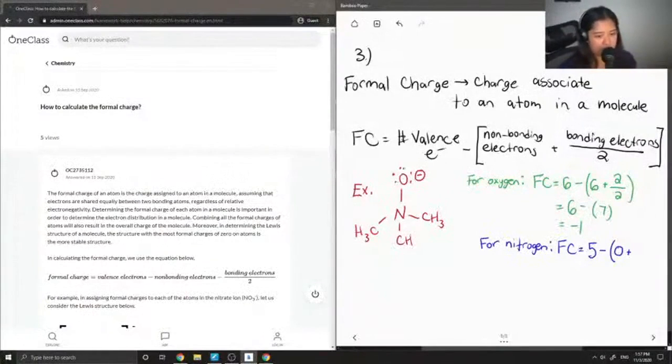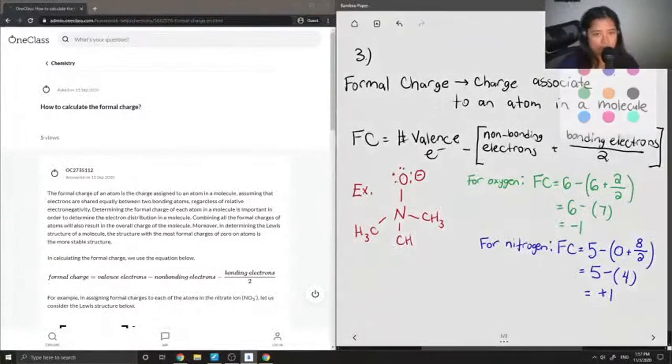You can see that there are 4 bonds attached to nitrogen, and each bond contains 2 electrons, so therefore there are 8 bonding electrons divided by 2. This is saying the same thing as 5 minus 4, which is plus 1. So now I'm going to write a plus charge on my nitrogen atom.